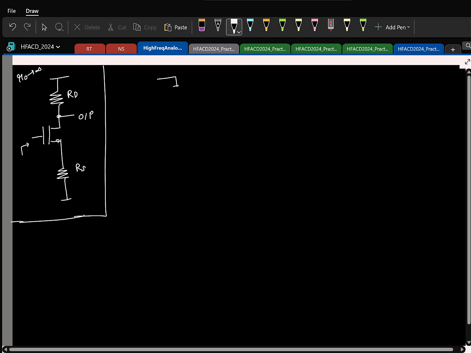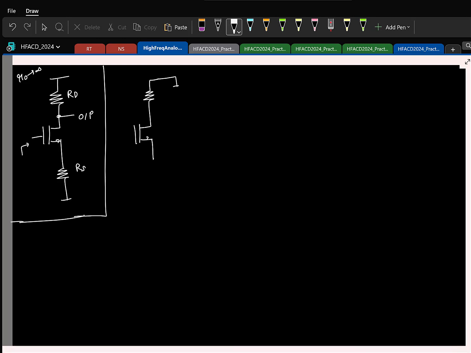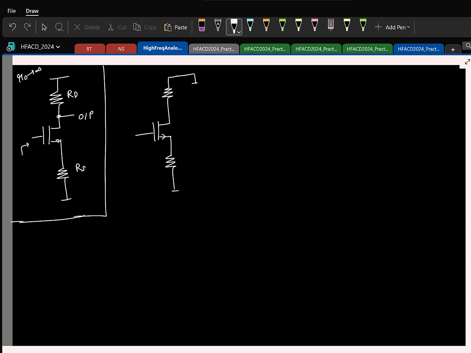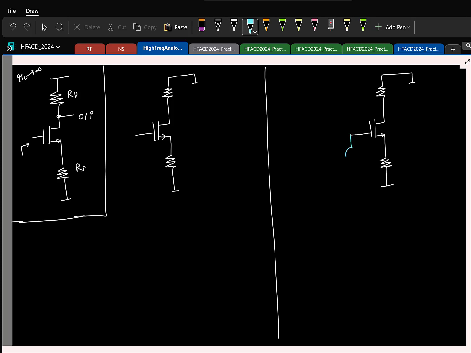So let me draw the incremental circuit here. So RD. So push some space. And in my model, what should I do to the input?